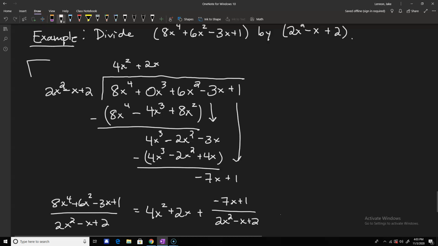It's exactly like when you're dividing numbers. If you were to say divide 15 by 7, it would go in 2 times, and then you would have 1 left over.